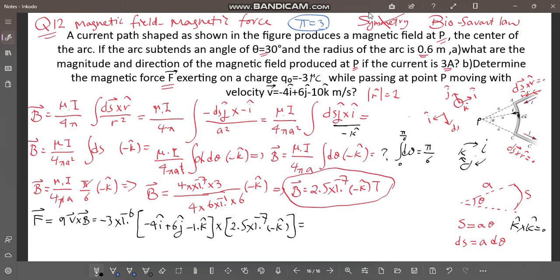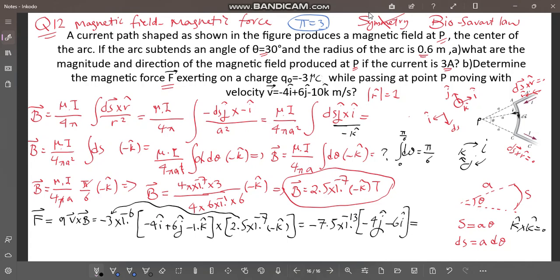So F is minus this 2.5 multiplied by this 3, so 7.5 times 10 to the power of minus 13, just i hat cross minus k is j, minus 4 j hat, and for j hat cross minus k is minus 6 i hat.